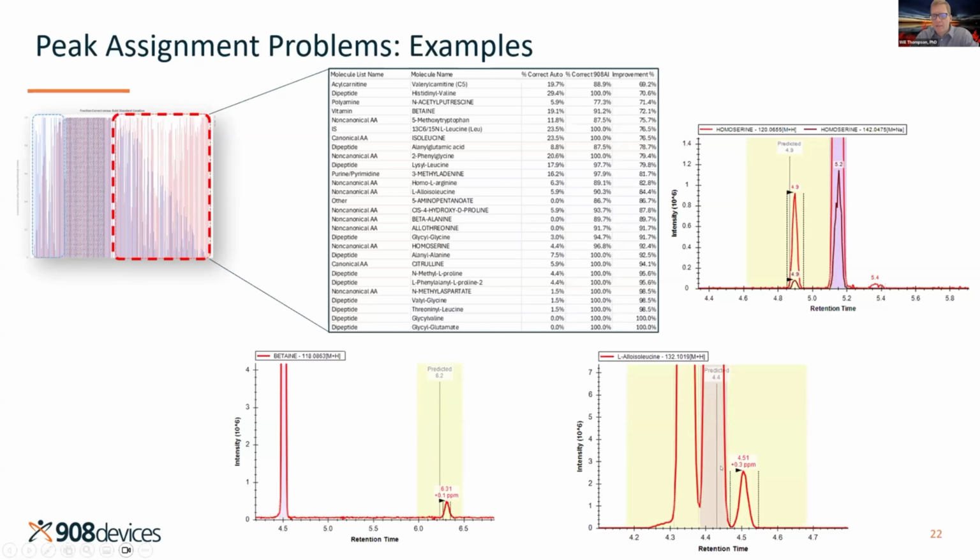And on the bottom right is how we reassign alloisoleucine. So in this case, with an automated workflow, we're taking something that is almost never assigned correctly using standard software and doing it nearly 100% of the time correctly with automation.